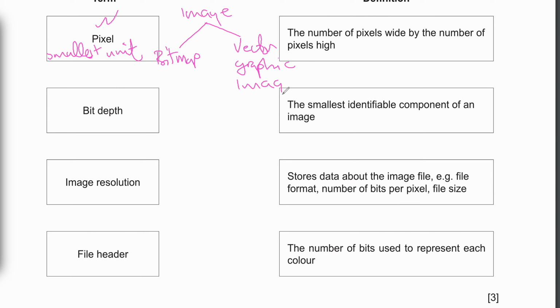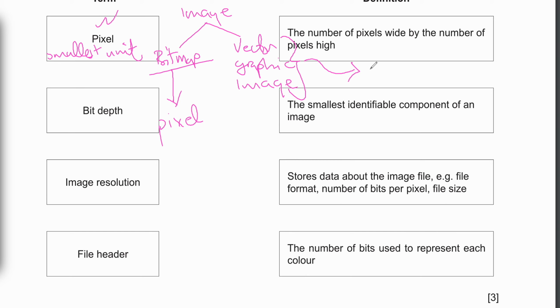So you see now, when you're talking about bitmap images, its smallest unit is going to be a pixel, right? But vector graphic images don't come through in pixels, they always come out as formulas per se.